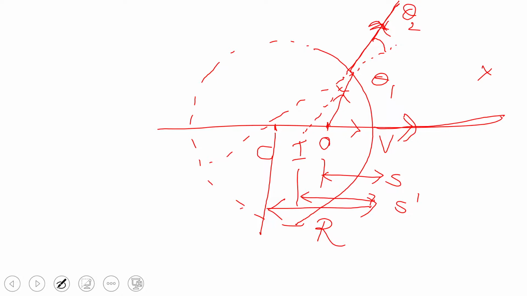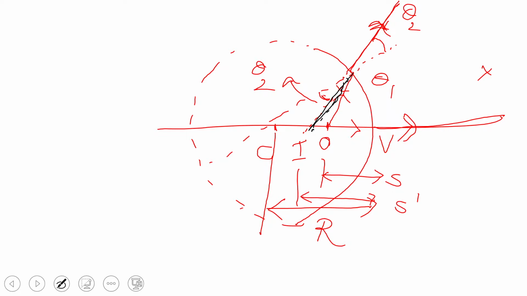And so then let's look at the angles once more. So theta 1 is the incident angle and the refracted angle is theta 2. So if I were to extend this line, this angle would also be theta 2, because this dotted line in black color is the same as the refracting ray.